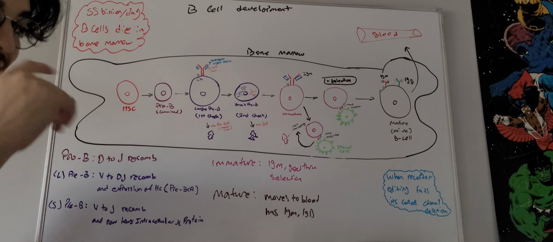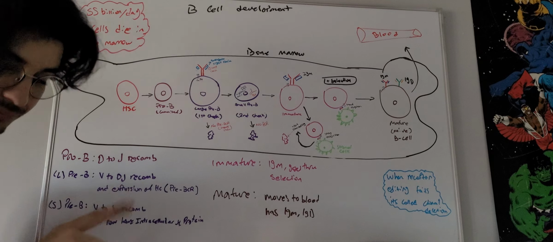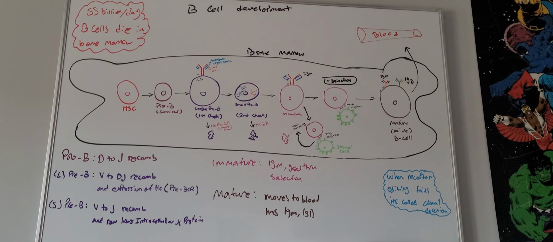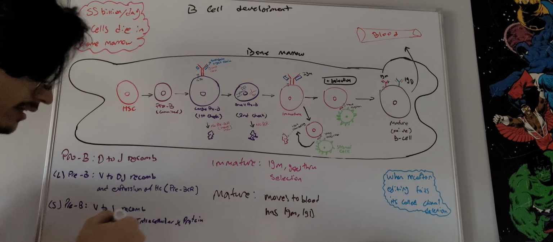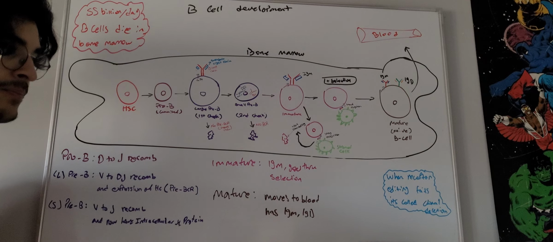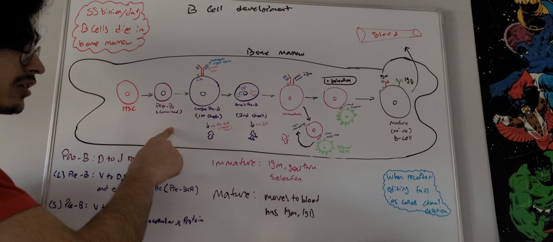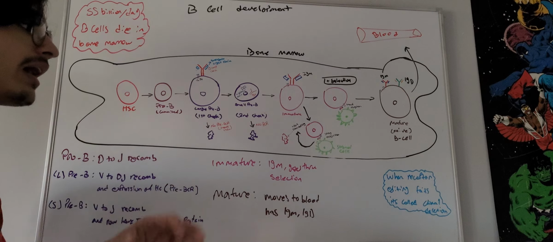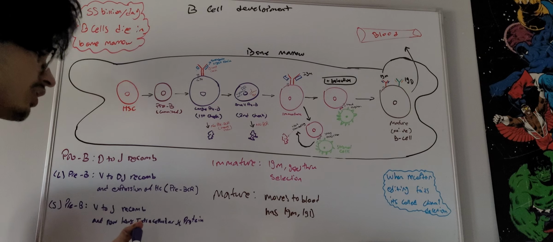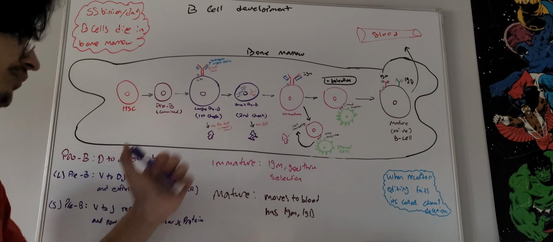And this is where it gets better, because we know we have two isotypes of the light chain. We have the kappa and then the lambda. So if kappa fails, I can go to lambda. Let's say I exhausted all of my VJ recombinations within kappa.